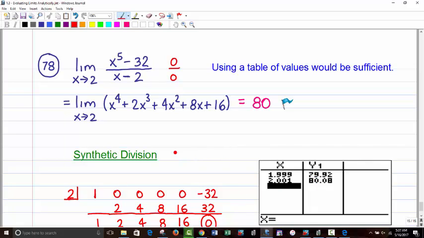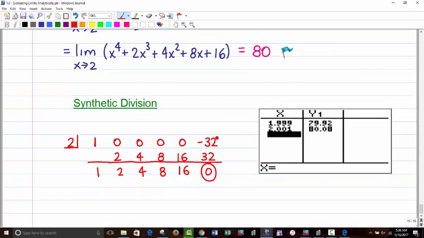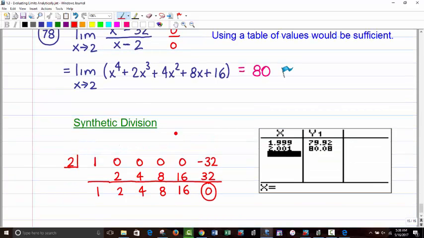My point being, the x to the 5th minus 32 factors. And it cancels that x minus 2, and you're left with all this. And then you plug 2 in there, and you get 80. But you can see it's going to be 80 from over here also if you did it that way. But I'll do this real quick here.